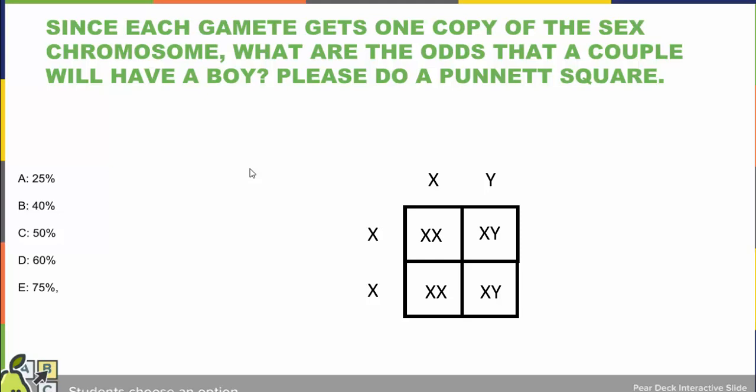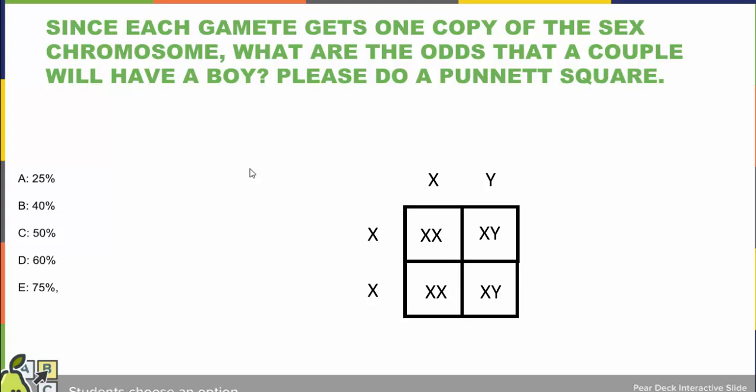And interestingly enough, the sex of the child is determined by the sperm, because the female egg always contains an X. That's the only type of chromosome they can bring to the party, because they are XX.